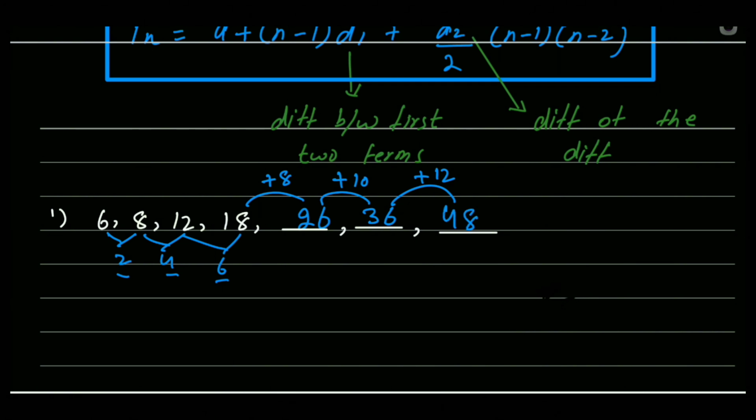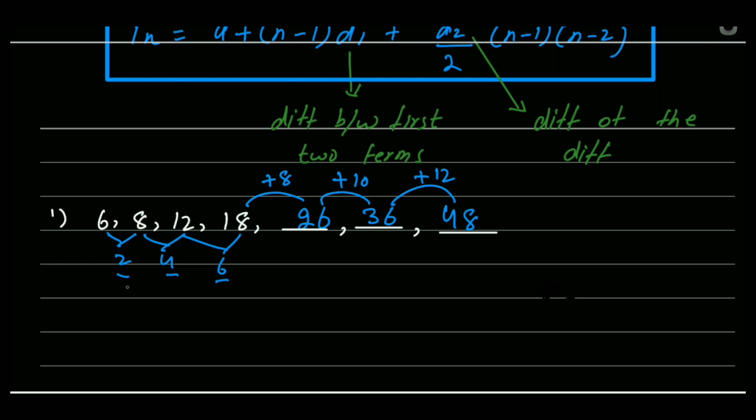So you can see that the first difference is not the same. This is 2, 4, 6, 8, 10 and 12. So it means that the first difference is not the same. This is called the first difference between all the terms. So 4 minus 2 is 2, 6 minus 4 is 2, 8 minus 6 is 2.